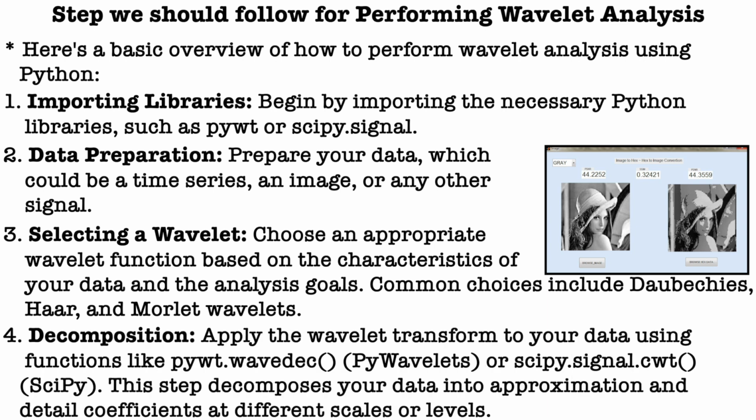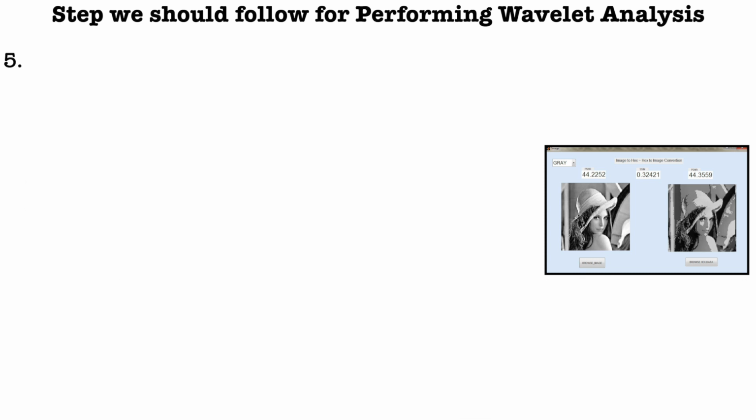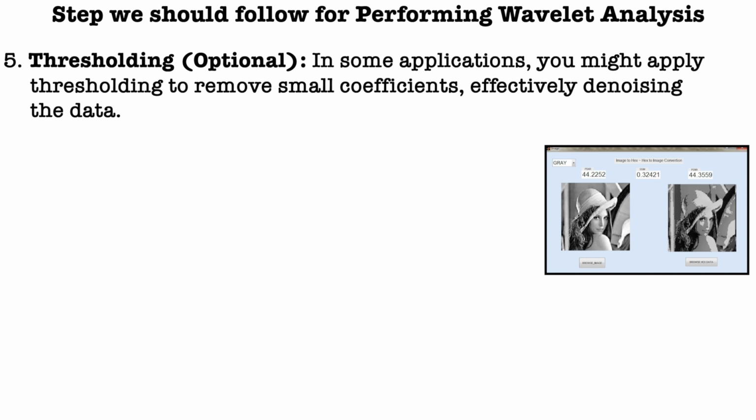Then the decomposition process. It applies the wavelet transform to your data using functions like the pywt.wavedec method or scipy.signal.cwt. These steps decompose your data into approximation and detail coefficients at different scales or levels. Thresholding is optional. In some applications, you might apply a threshold to remove small coefficients, effectively denoising the data.